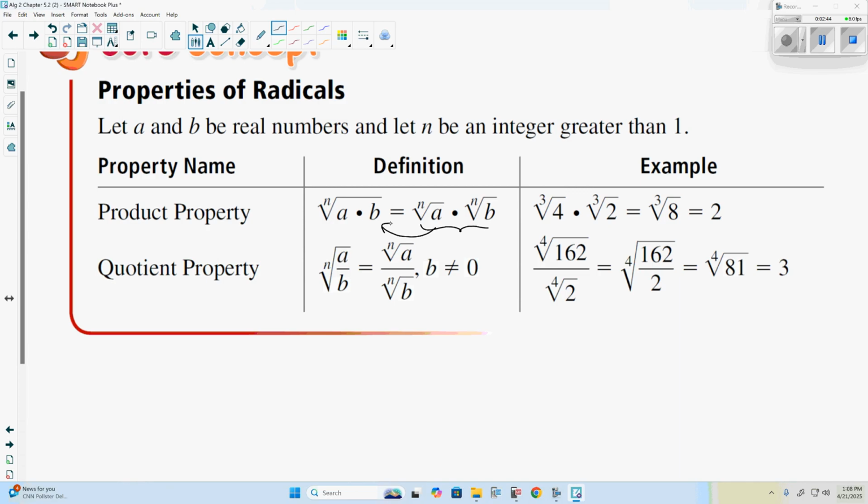Our quotient property tells us that the nth root of a divided by b is the same as the nth root of a over the nth root of b. Or if we have 2 radicals being divided with the same index, we can rewrite it as a single radical. The reason we would rewrite it as a single radical is that the numbers inside each of those radicals are divisible. We can divide them out nicely. It simplifies nicely.